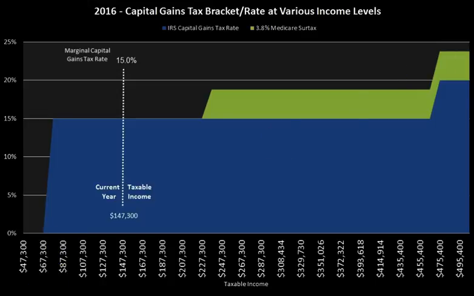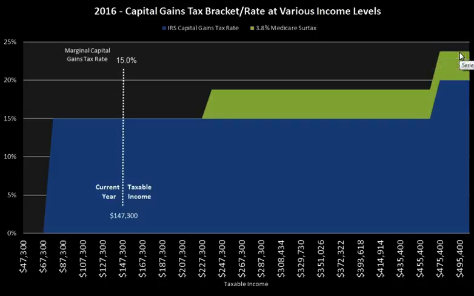So the truth is, while there are advertised rates of 0, 15, and 20 represented by this blue area, the truth is that there are actually 4 capital gains tax rates. 0% for lower brackets, 15% for middle brackets, 18.8% when you're in the higher brackets, and 23.8% in the highest brackets.